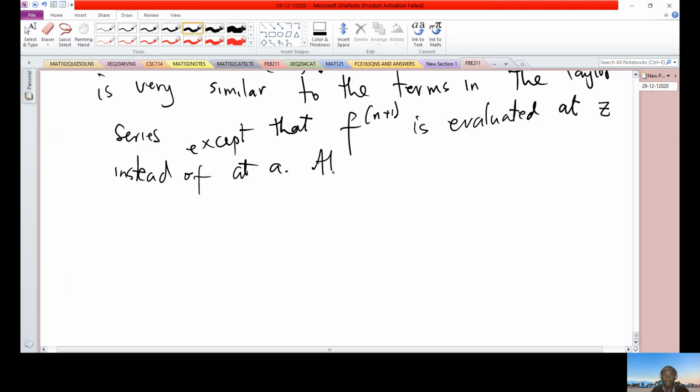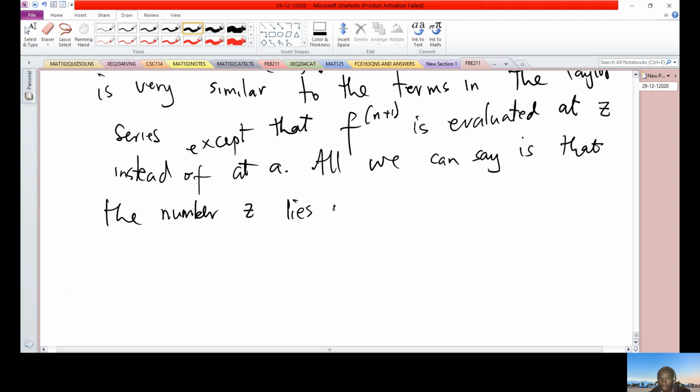All we can say is that the number z lies somewhere between x and a.